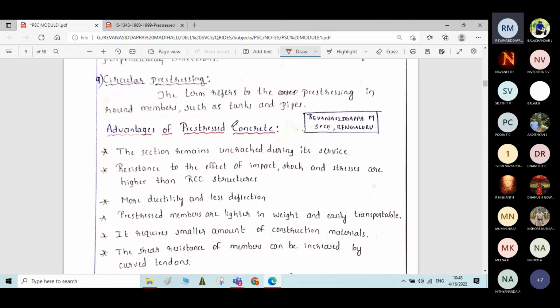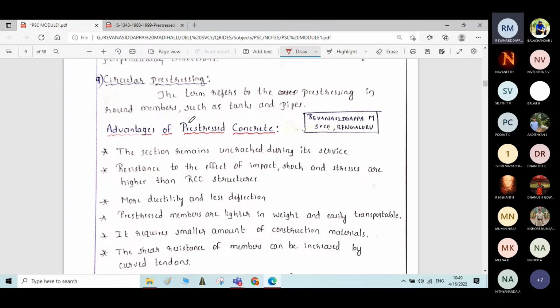Coming to the last terminology, circular prestressing. Circular prestressing means if you want to go for prestressing of circular pipes or tanks, then whatever prestressing we do for these round members such as tanks and pipes is called circular prestressing. These drainage pipes you can see are prestressed elements only.